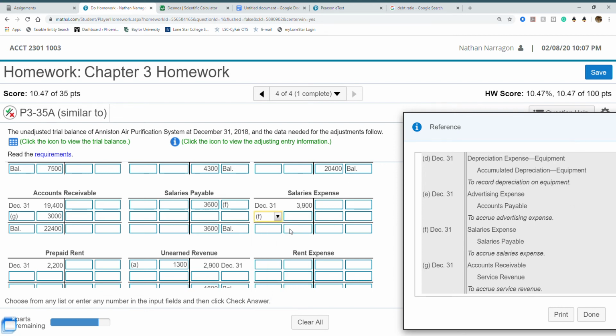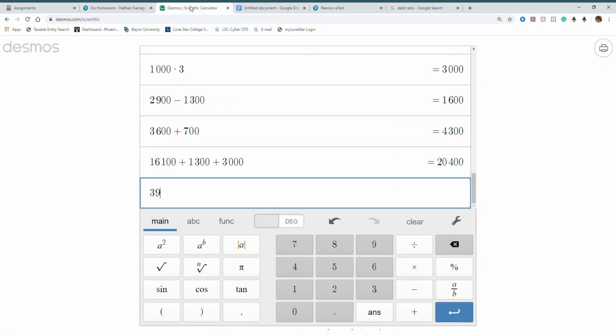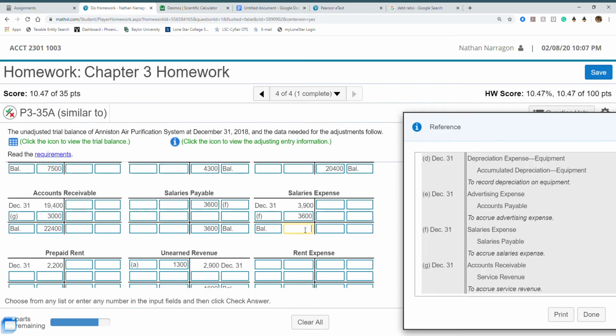This was F for the 3,600. They have them right next to each other, except this one actually had amount. So 3,900 plus 3,600. We're stuck with 75. Remember to always put the balance on the greater side.